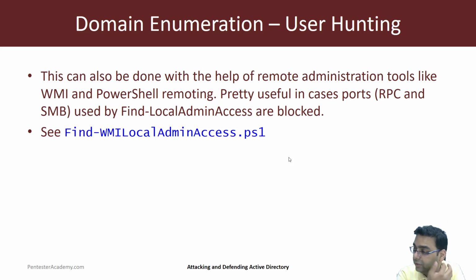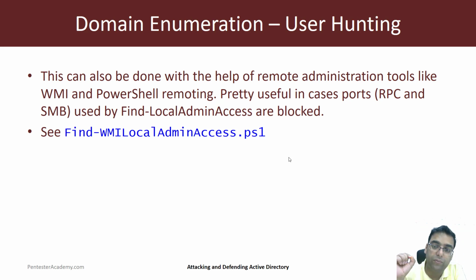Now, in case you want to have an additional toolkit or additional script in your tool chest, or want to actually implement your own stuff, this can be done with the help of multiple remote administration tools. For example, WMI and PowerShell remoting both are useful in such cases.